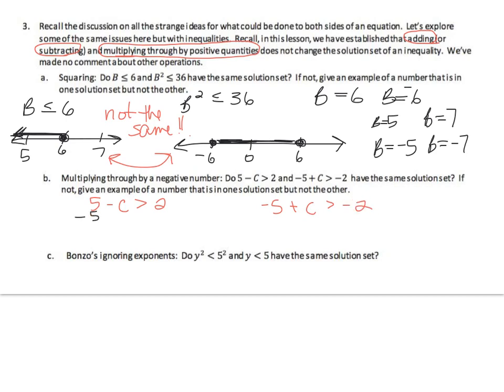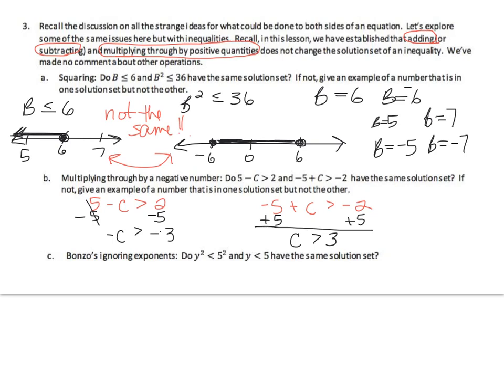I'm going to subtract 5 from both sides. I've got negative c is greater than negative 3. Ooh. Okay, let's add 5 to both sides. Now I have c is greater than 3. Those are not the same.